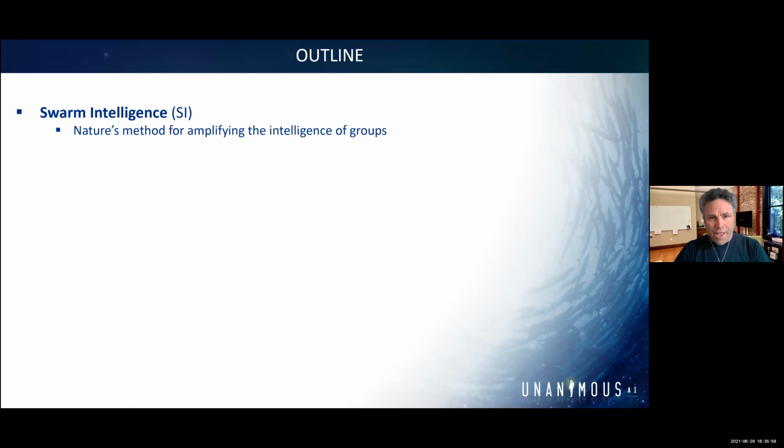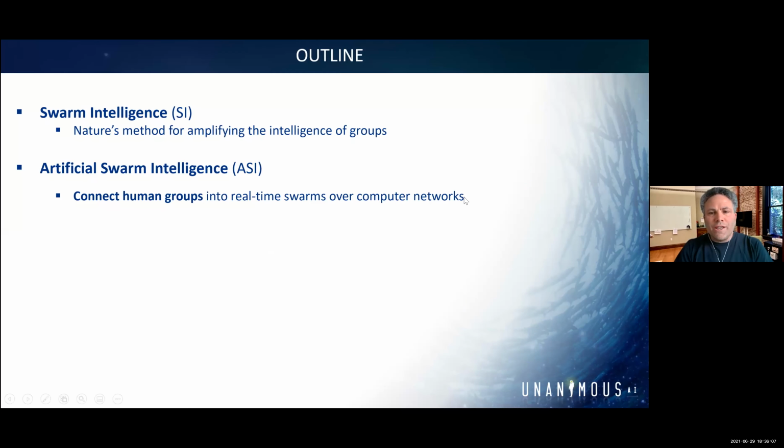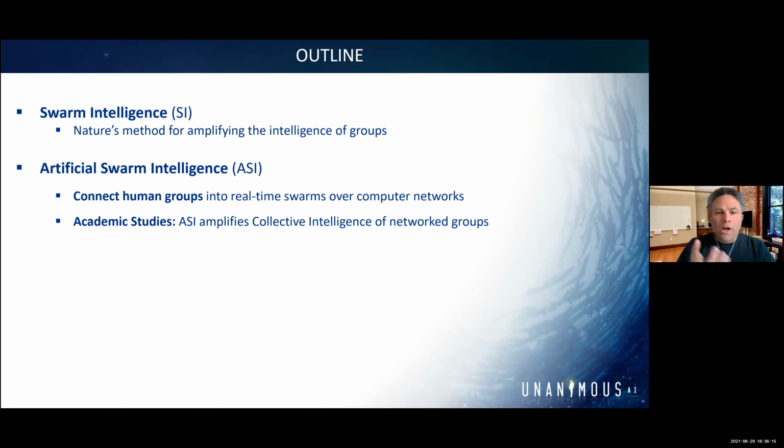Just as a quick outline of what I will be talking about, first I'll talk about swarm intelligence, which is nature's way of amplifying the intelligence of groups. Then I will talk about artificial swarm intelligence, which is how we connect human groups into real-time swarms over computer networks.